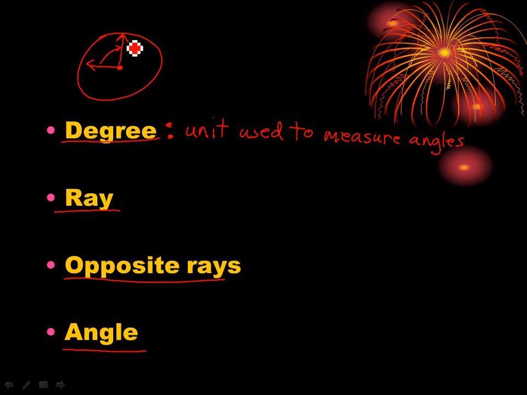So when we're measuring an angle, if this is one side of my angle, and this is the other, what we're actually measuring is how much of a turn that angle is making. We got away from this because we started using mercury in the thermometers, and they went up and down instead of turning. But that's what a degree is: the amount of a turn.